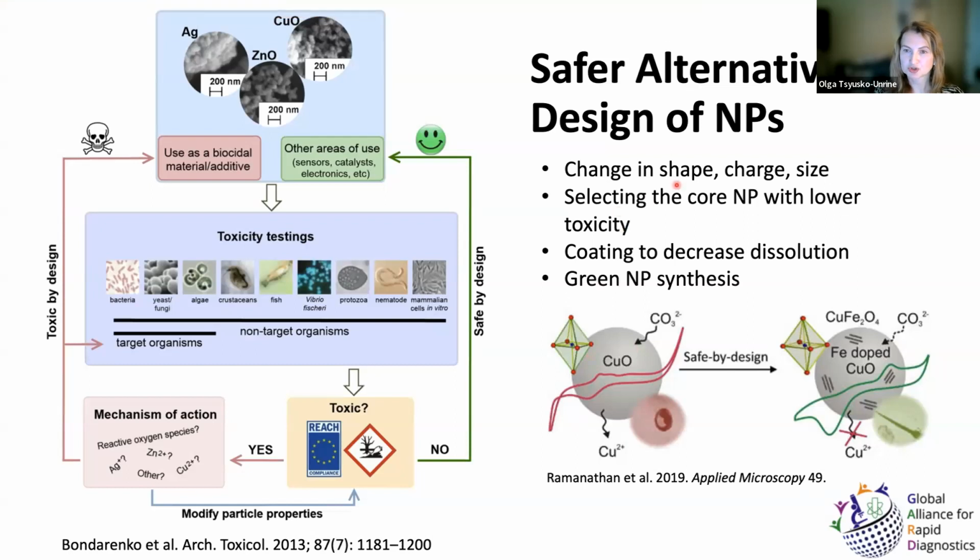We can also control shape, charge, and size to diminish toxicity. It all starts with toxicity screening in vitro and in vivo. For example, if nanomaterials are being developed for pesticide delivery against certain targeted organisms, it's very important to verify that there is no toxicity in non-targeted organisms.